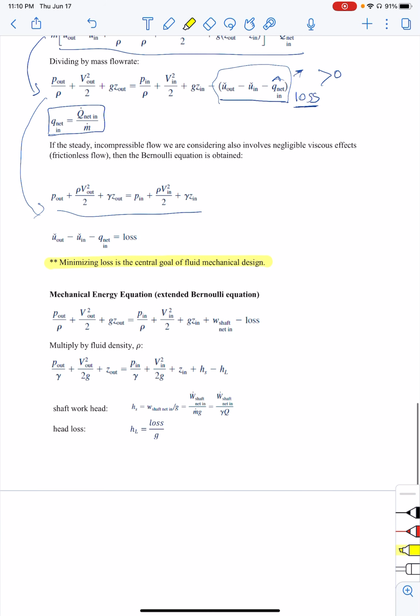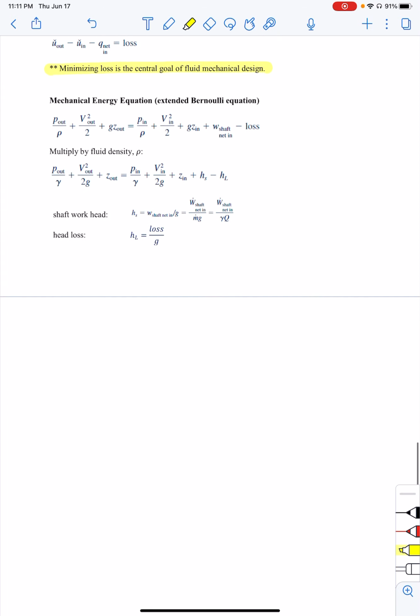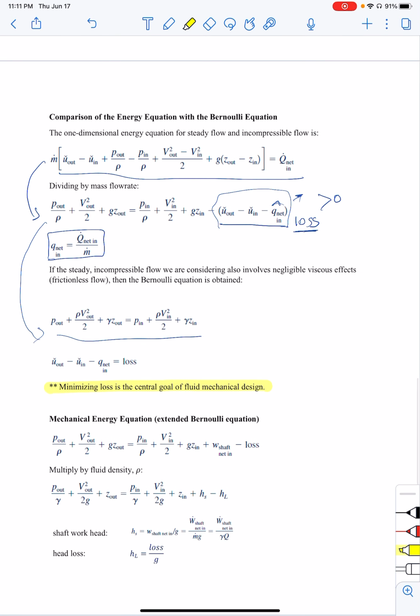If we go a little bit further and talk about the mechanical energy equation, just one more thing before I go there. Right here we call this one the loss, right?